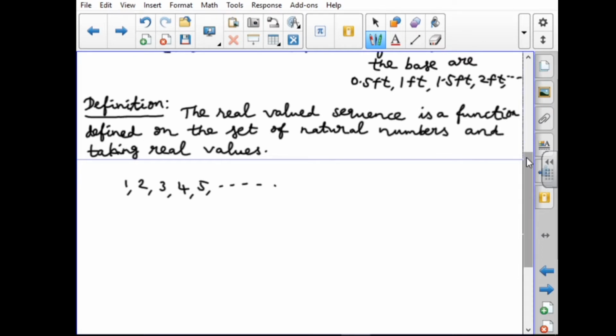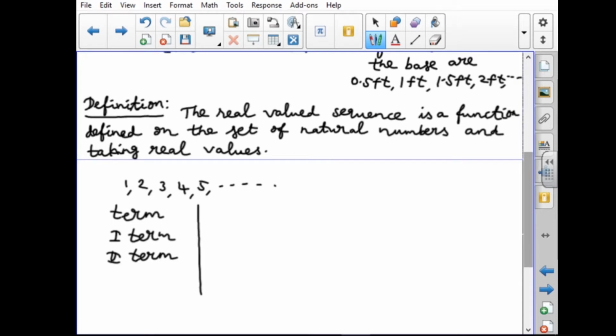Here, each element of the sequence is called a term. Each element of the sequence is called what? Term. The element in the first position is called the first term. The element in the second position is called the second term. The element in the third position is called the third term.